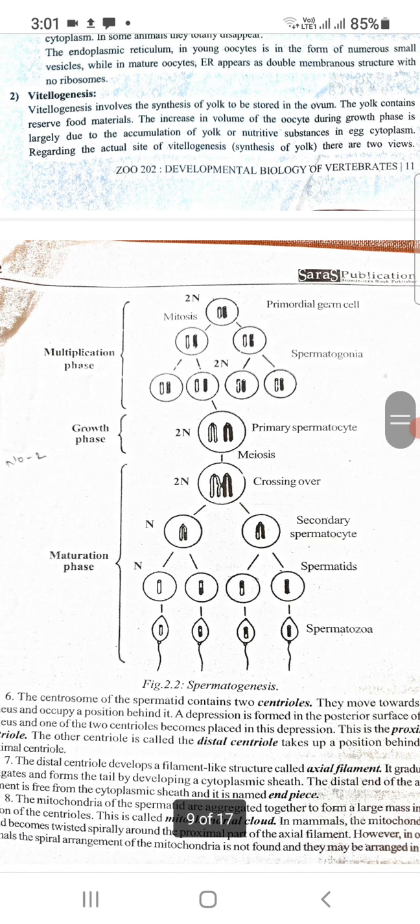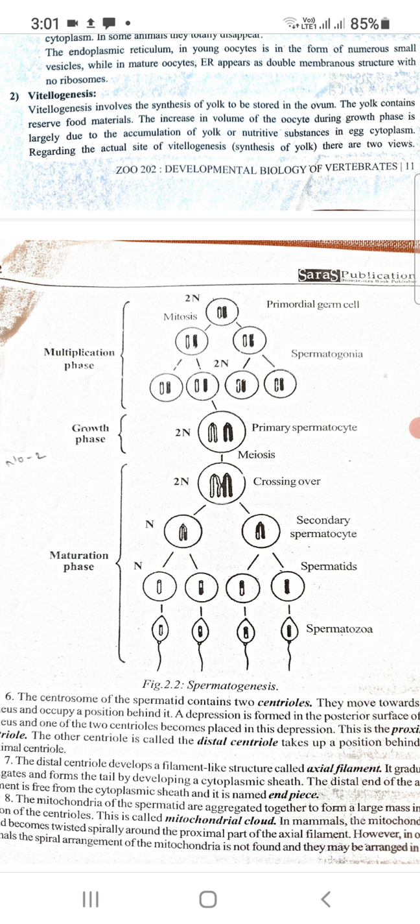Then from the multiplication phase we enter the second phase, called the growth phase. That is, the spermatogonia grow in size to form the primary spermatocyte, which also has 2n chromosomes. From the primary spermatocyte, the meiosis process starts.